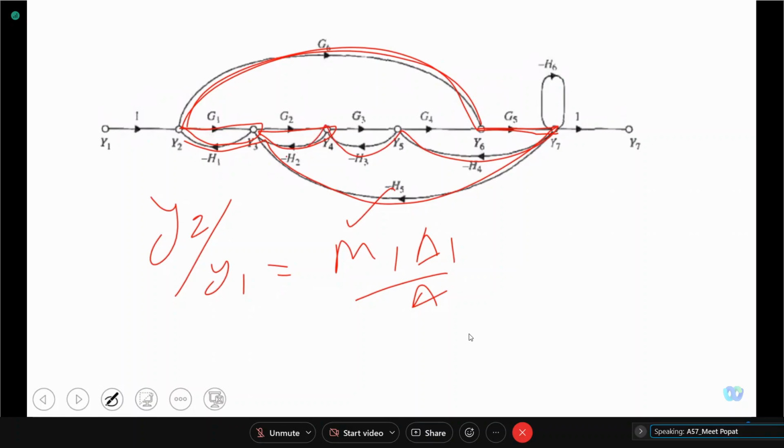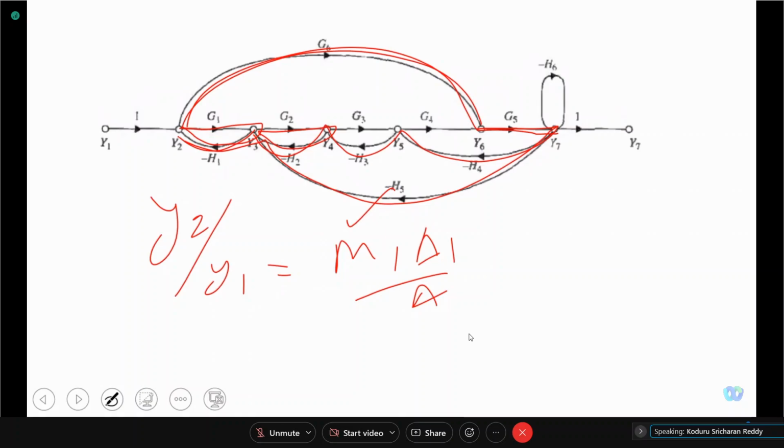Y3 and Y2. It is not crossing any node more than once, right? Yes, sir, not crossing. Very good. So at Y2, there are 3 loops. For Y3, Y4, Y5, Y6, Y7, and then Y3 again.